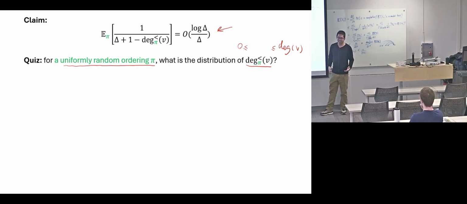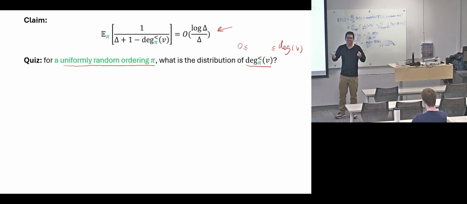There is a natural guess. Uniform? It must be uniform. Why must it be uniform? Because when you do a random permutation, there's no bias in any direction.